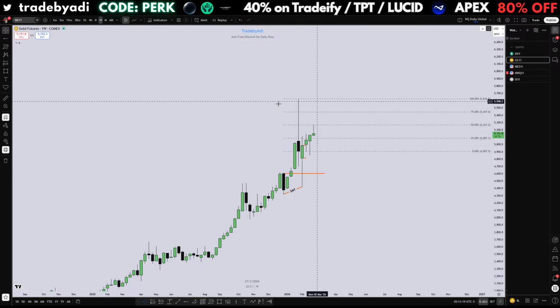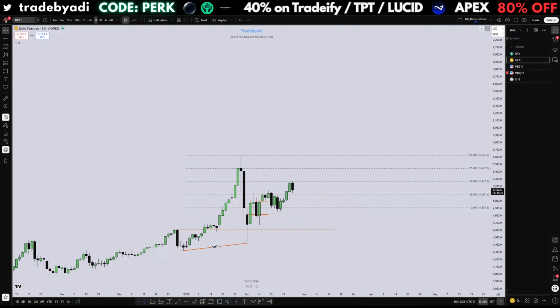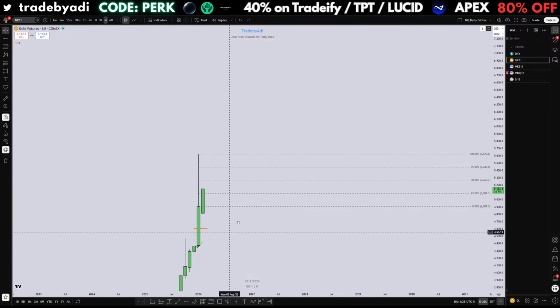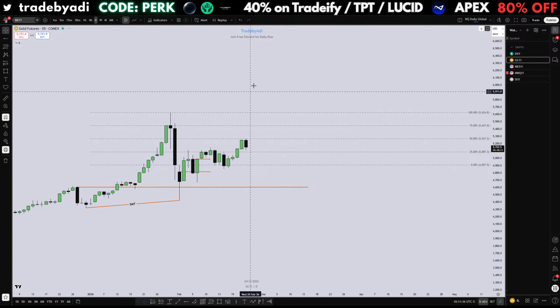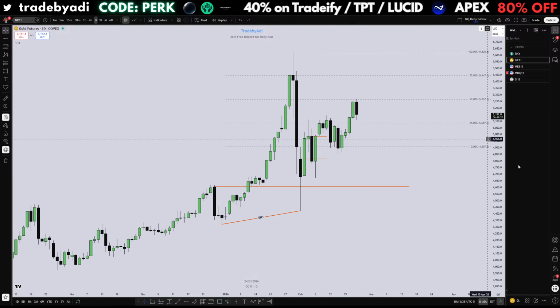Gold, we are trading inside this candle, okay, and this was the monthly week, and if you check the price, we have tapped to the CE, so we are not looking at random highs and lows.